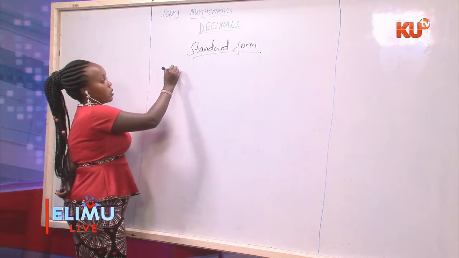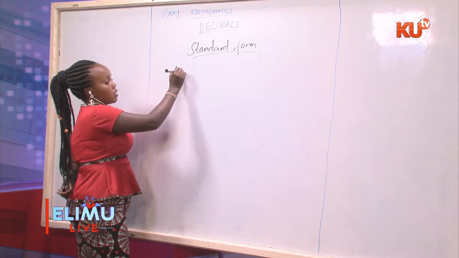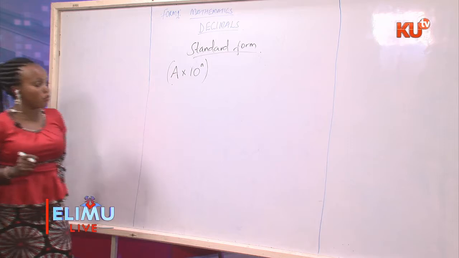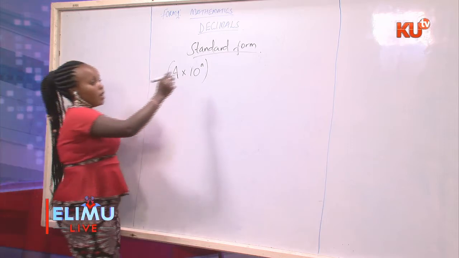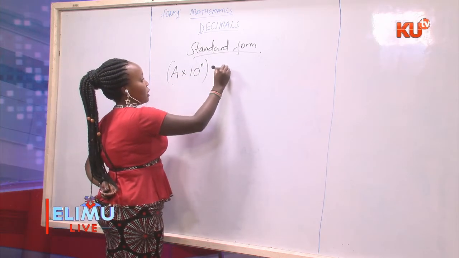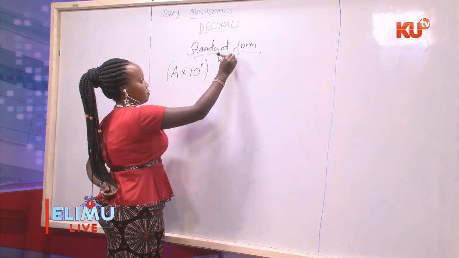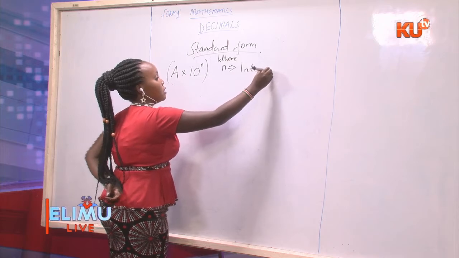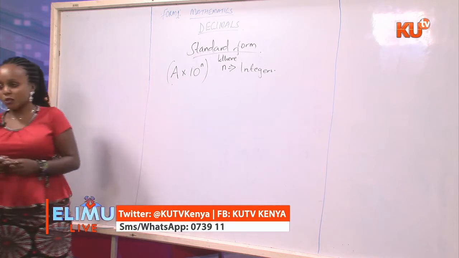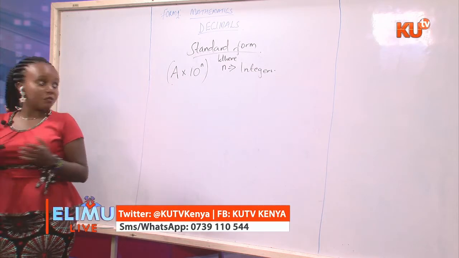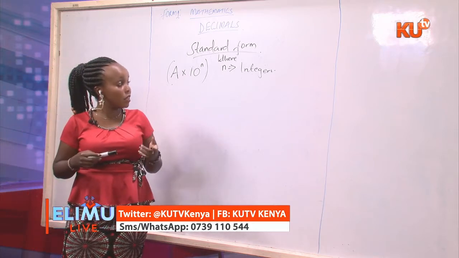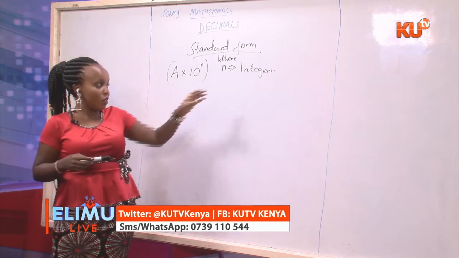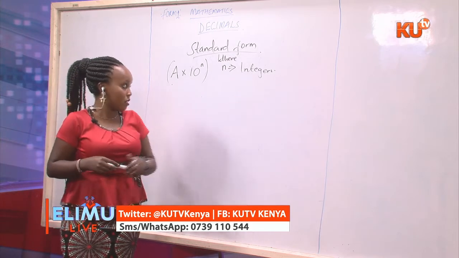A number in standard form is written as a times 10 power n, whereby our n is an integer. And we know that integers are positive whole numbers, negative whole numbers, or 0. Those are what form integers.